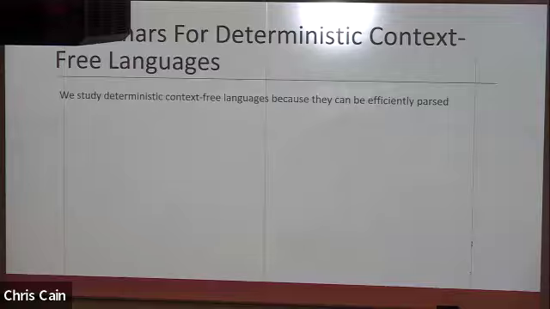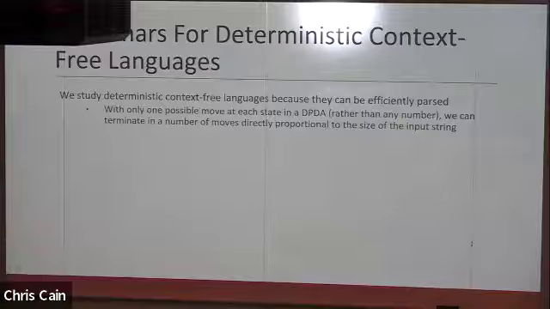You can do better than just CYK. In fact, you can do something LL or LR, which we'll go over at the end of the quarter, but that is wonderful. And only some non-deterministic grammars can be parsed efficiently. Because there's only one possible move at each state, rather than an arbitrary number, the number of processes we need to fork at that point, then we know we can terminate in a number of moves proportional to the size of the input.